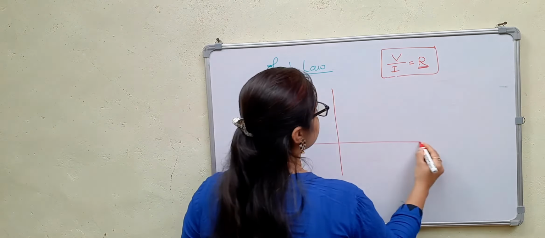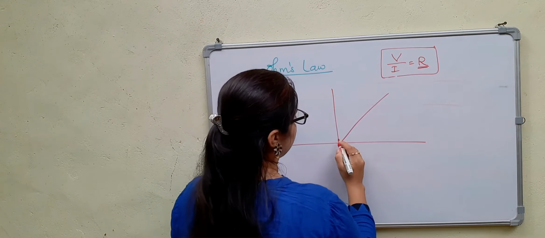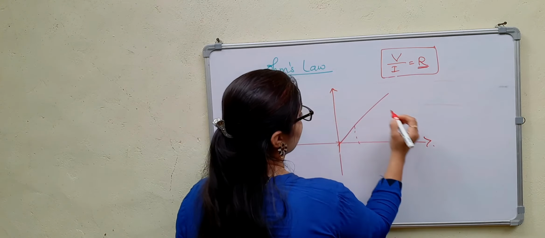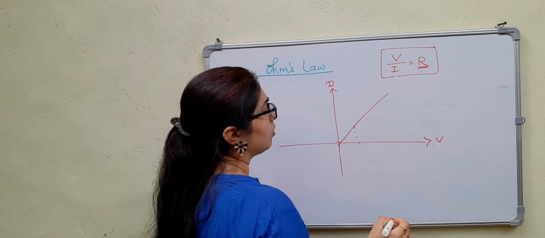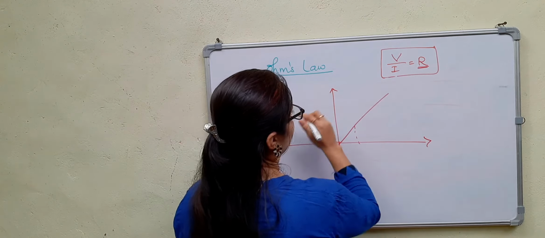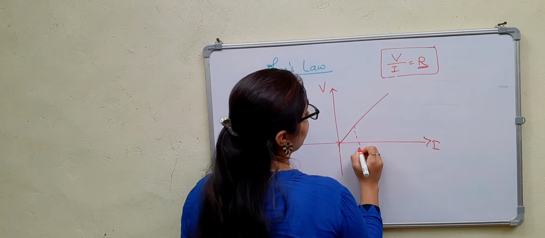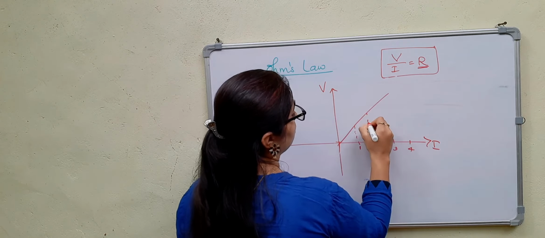So let me consider the linear characteristics now. I consider only one side here, linear. Let me consider this as V and this as I. At this point 1, then I'll consider 2, 3, 4.